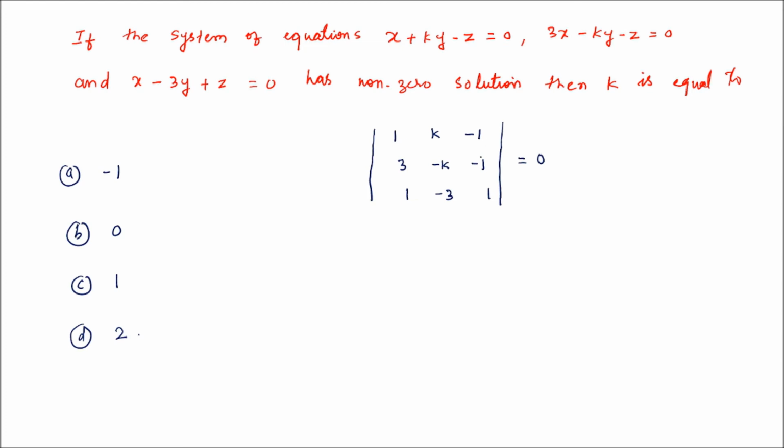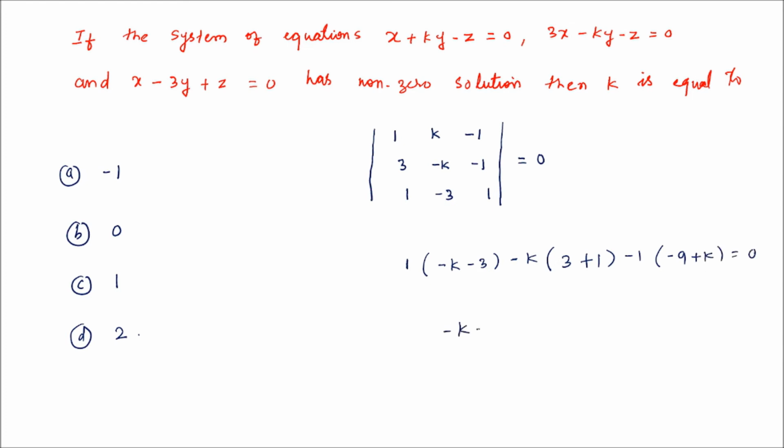Expanding along the first row: 1 into the determinant after deleting first row and first column, minus k into the determinant after deleting first row and second column, minus 1 into the determinant after deleting first row and third column. So 3 times 3 is 9, minus the multiplication of this, plus k, is equal to 0.